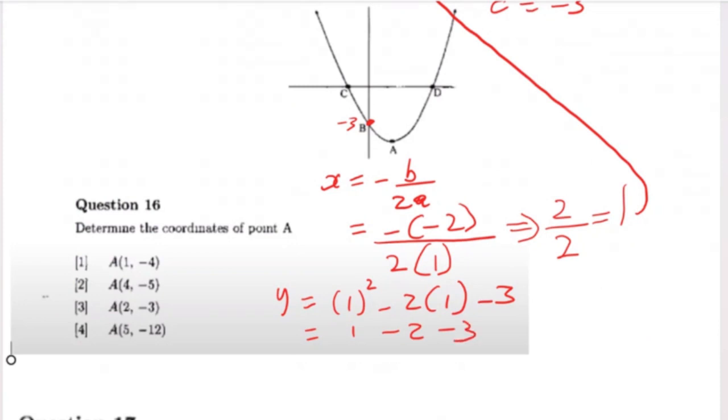So this is simply equal to, is it minus 4? 3, 4, 5, is minus 4. So my TP is 1 comma minus 4, which is simply equal to this one. Okay, so you can see how you calculate the turning point.